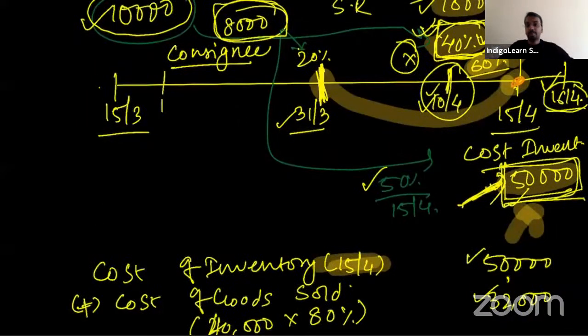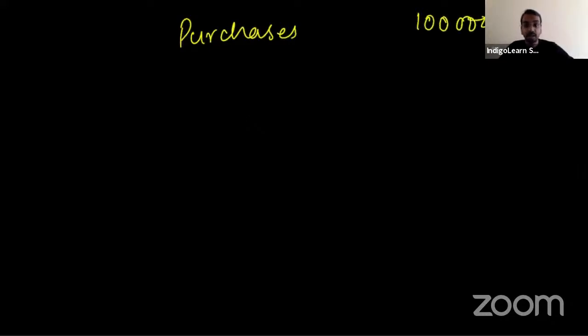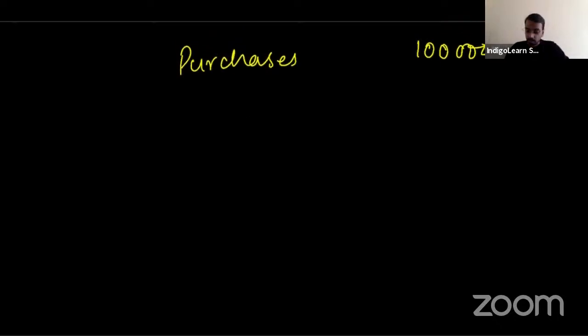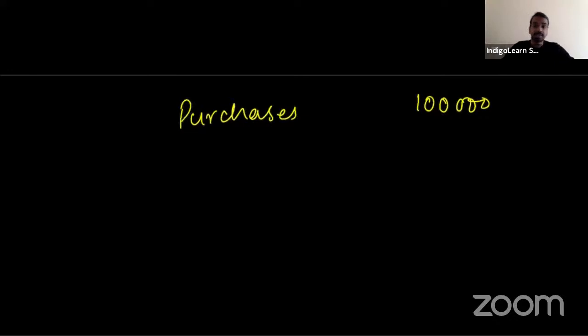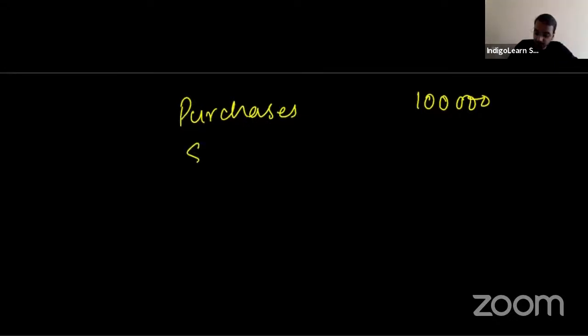Now, another typical type of question that comes in the examination is, they will tell you purchases are, let us say, 1 lakh, and sales are, let us say, 80,000.